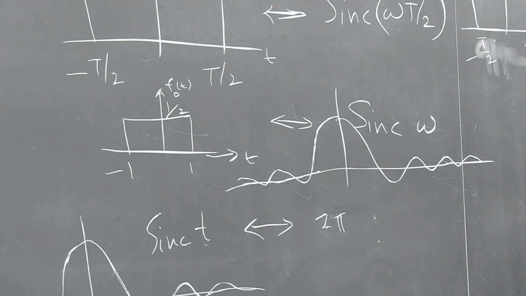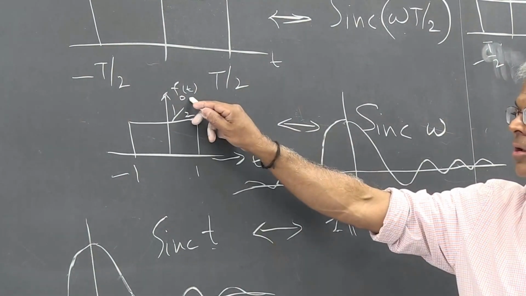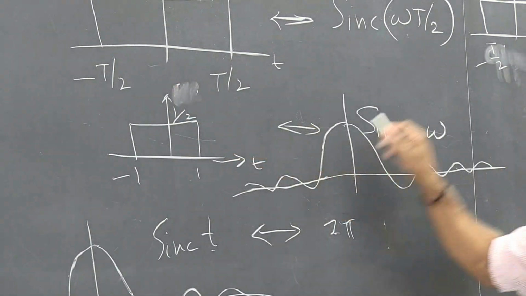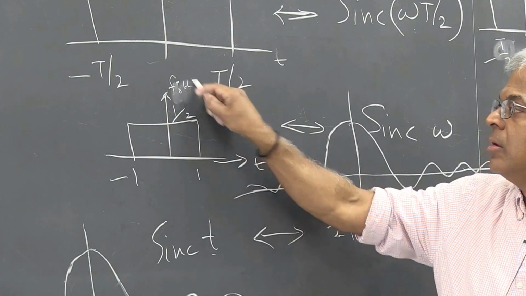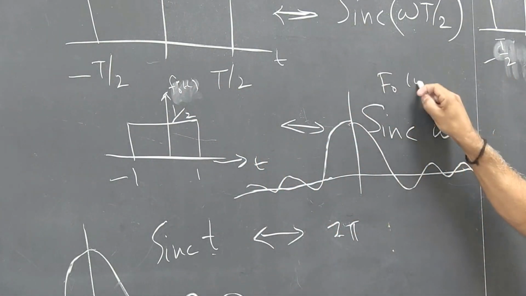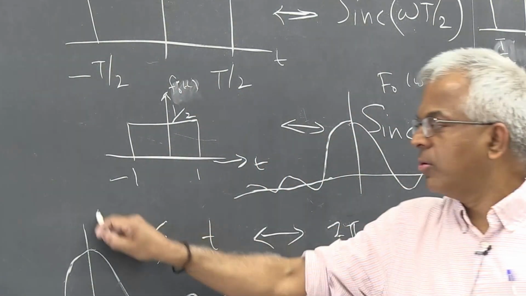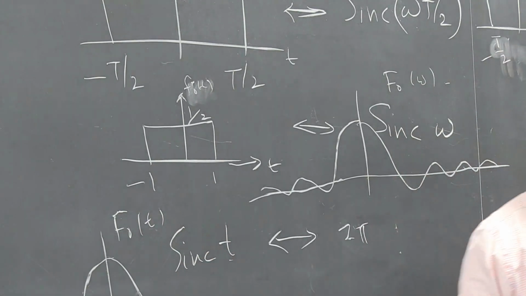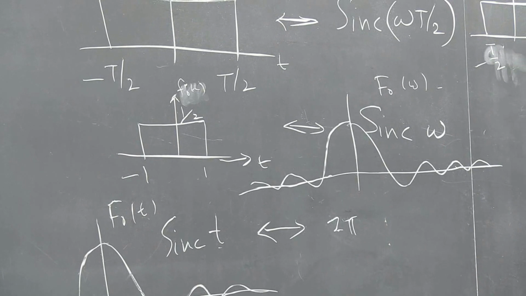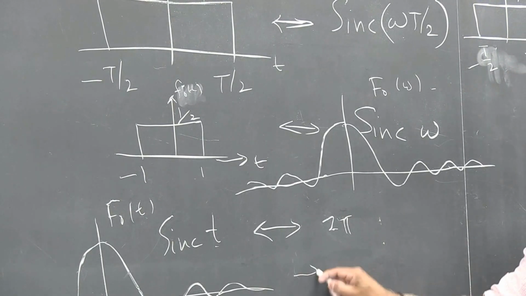So if this is f naught of t, then this is f naught of omega, then we want f naught of t. So what is the transform of F of t?